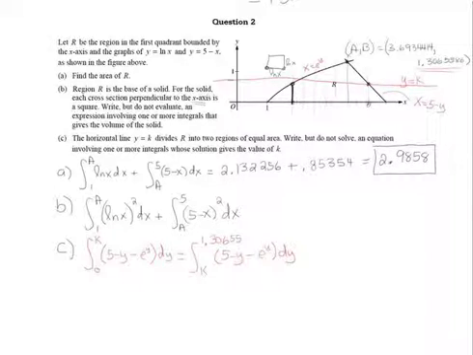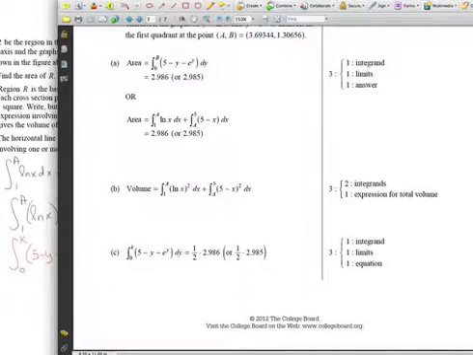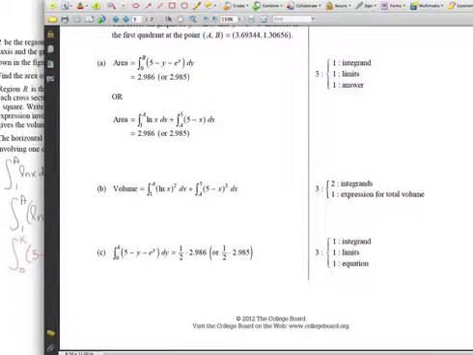And then part C, gotta find that document again. From 0 to k of the integrand equals, what did they do here? Oh, they did it a different way. I don't know that I like their way. What did they do?